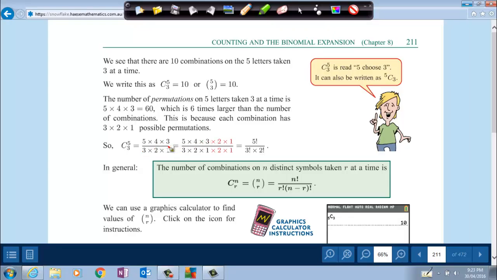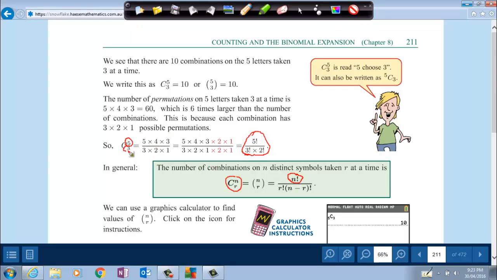It's actually 5 factorial divided by 3 factorial times 2 factorial. Now that actually is, in general form, the 5, the n, you can see here, the number up the top, that's what gets written as the numerator, n factorial or 5 factorial, using the number example.